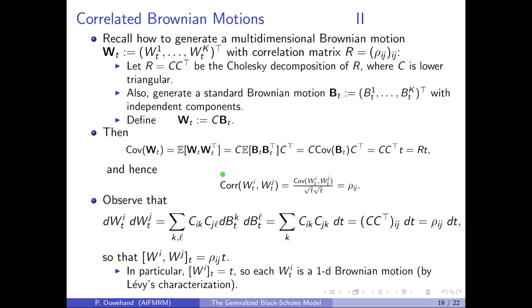It therefore follows that the correlation between two components Wi and Wj is just the covariance between Wi and Wj divided by the standard deviations of Wi and Wj.